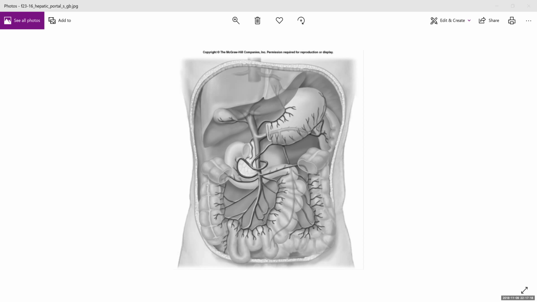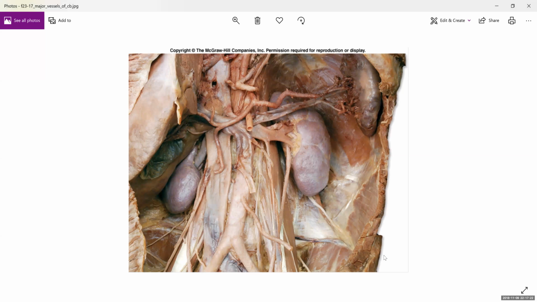Okay, let's test you here. Name this vessel. Superior mesenteric vein. Name this here. Going to the liver, but it's a big fat vein.